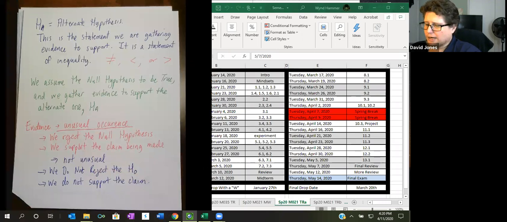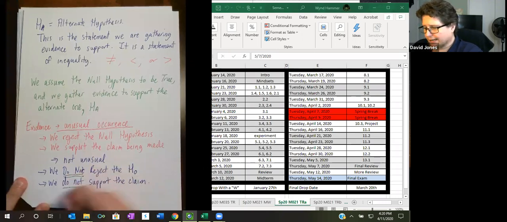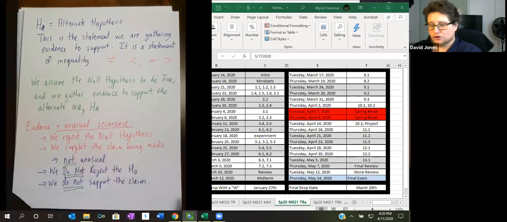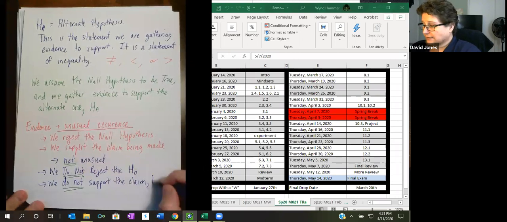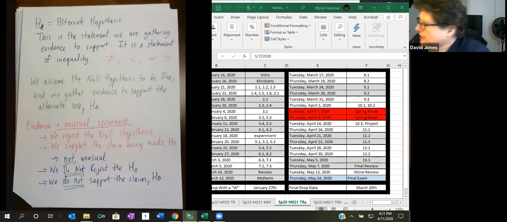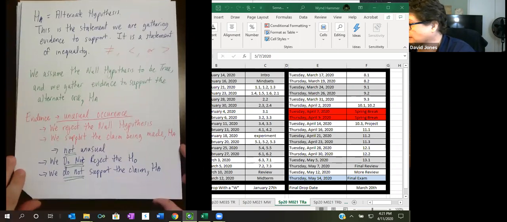I think the easiest way to see the two outcomes is these ones both have do not in it. If it's not, and this is not. If it's not unusual, we don't reject the null hypothesis. We don't support the claim, the alternate hypothesis. Okay. So let's go back and look at the problems we gave and talk about what H0 and HA are.